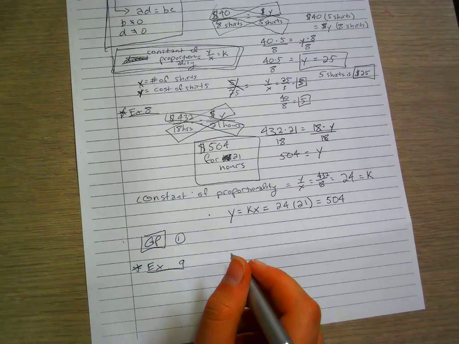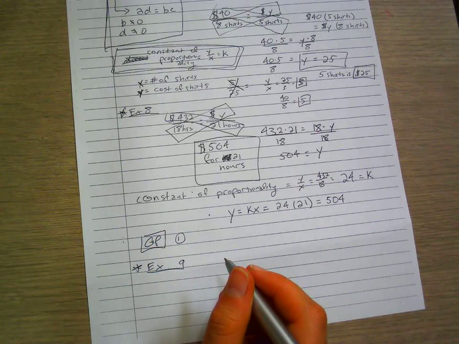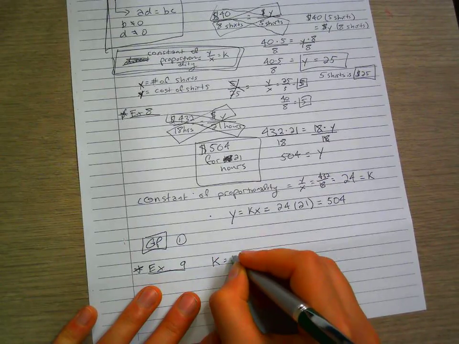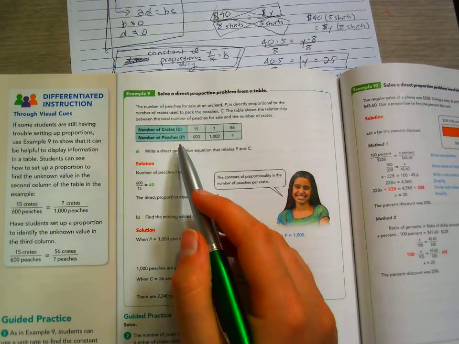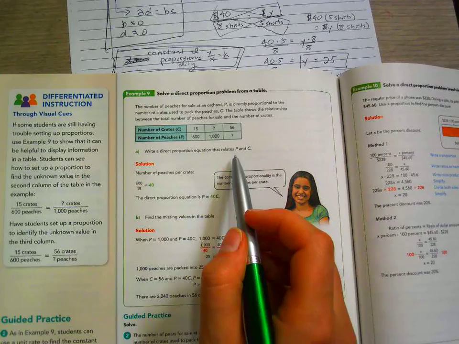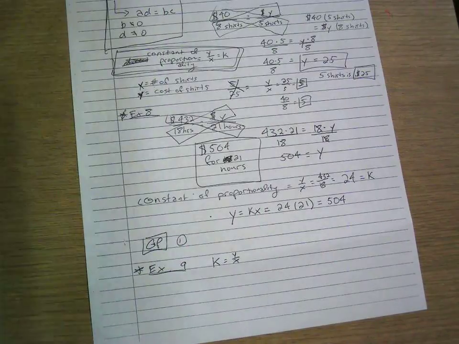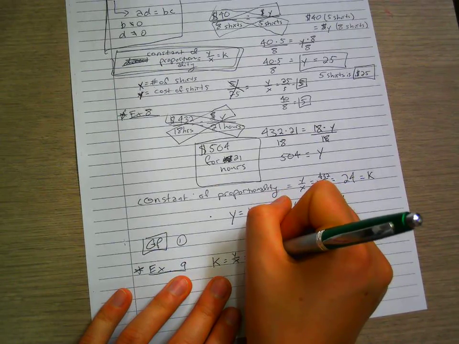To find it, all you do is put Y over X, so the constant of proportionality K equals Y over X. In our table here, we see P and C, and we want something to relate those two. So instead of Y and X, we're going to say P and C.